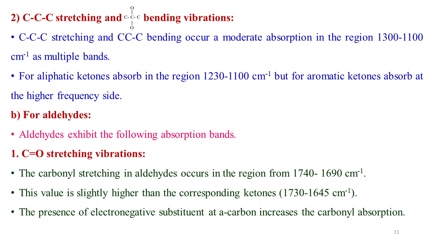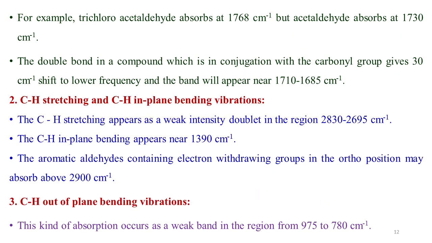So when we consider trichloroacetaldehyde, it absorbs around 1768 per centimeter, but acetaldehyde, which has no halogen group, absorbs at 1730 per centimeter. So the presence of halogen increases the absorption frequency. The double bond in conjugation with the carbonyl group gives a 30 per centimeter shift to lower frequency, and the band will appear near 1710 to 1685 per centimeter.